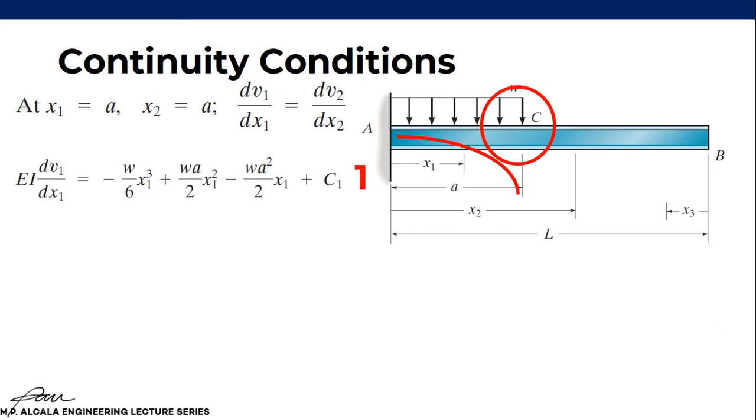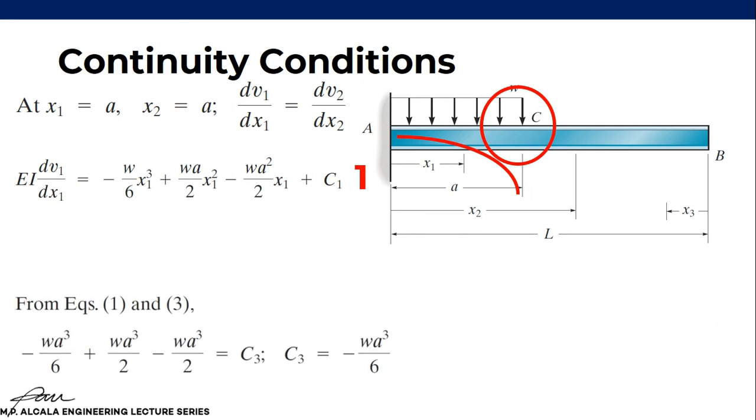Now we know already from equations 1 and equations 3. So that will be equation 1, this whole function, and then equate it to equation 3. Again, we know that C1 is 0, so we are left with this, and equating x to be A, you equate this to C3.